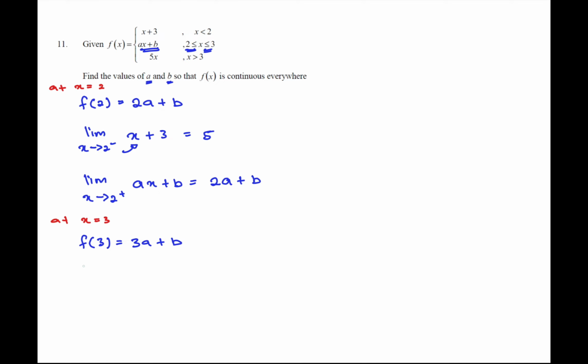And then the limit as x approaches 3 from the left, the function is ax plus b, therefore this one equals 3a plus b, and then the limit as x approaches 3 from the right, the function is 5x, which is 15.